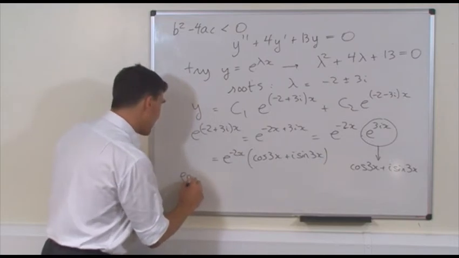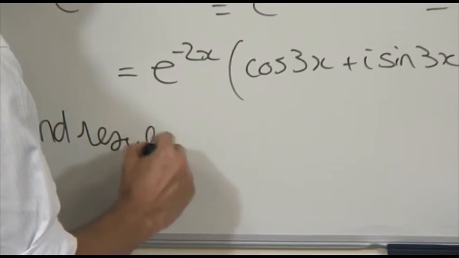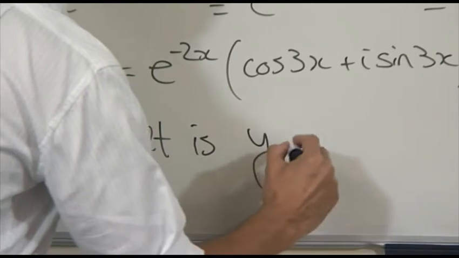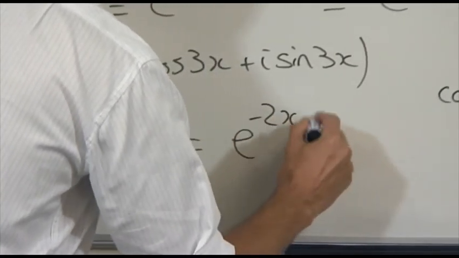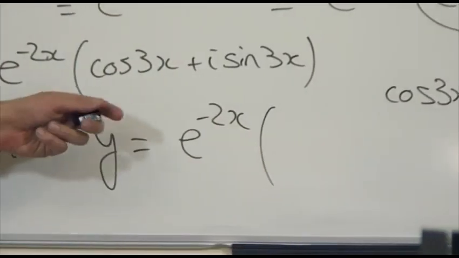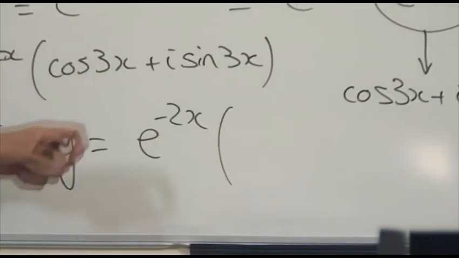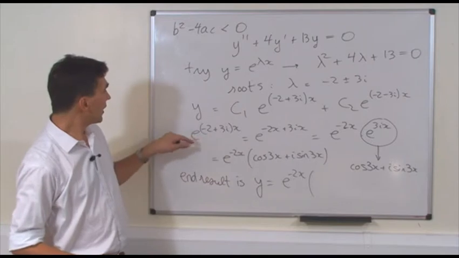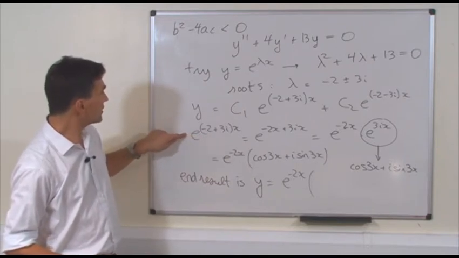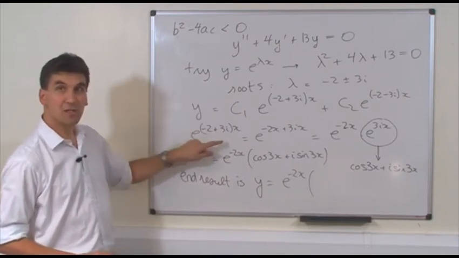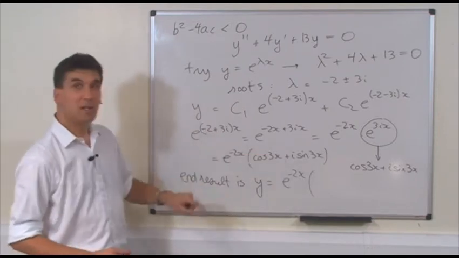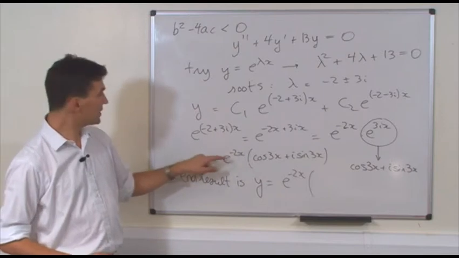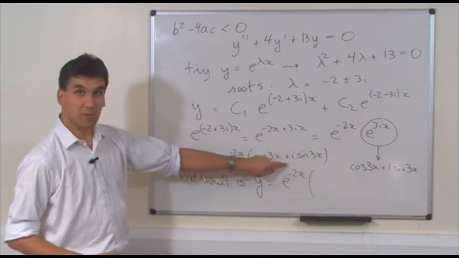And the end result is that your general solution is going to be y is e to the minus 2x, and we've got these cosines and sines. We've got arbitrary c1 times this with a plus and a c2 times this but with a minus there, which means that we've got a c1 and a c1 in here with a plus, and we've got a c2 and a c2 in there with the minus.